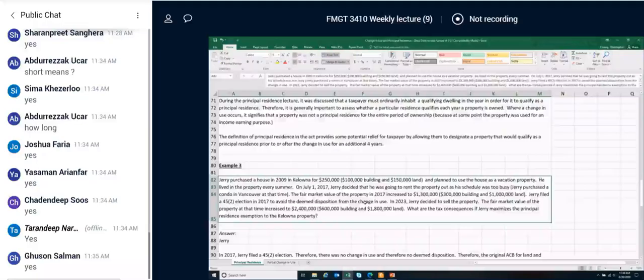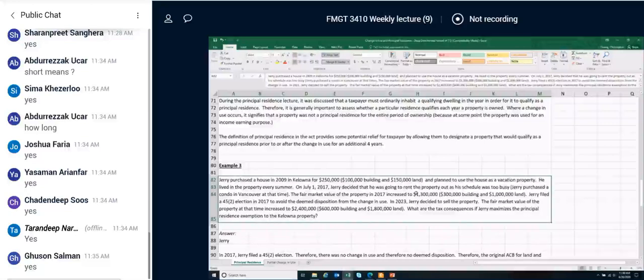So you said, hey guys, the property is now worth 1.3 million, but I filed the election, no change in use, no deemed disposition. But then later on in 2023, you sold the property. And at that point, the property is worth 2.4 million, 600,000 building, 1.8 million for the land. What are the tax consequences if Jerry wants to maximize his principal residence exemption?